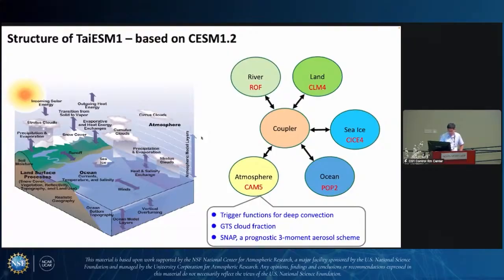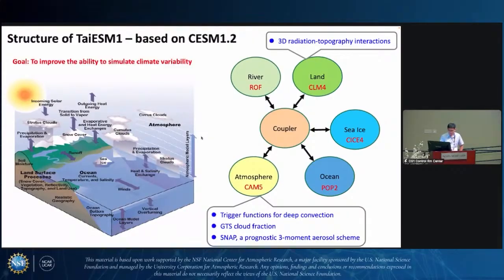And then we change the cloud fraction parameterization. We call it GTS. And then we use a locally developed aerosol scheme, which is a prognostic 3-moment aerosol scheme, considering not only the number but also the mass and the surface area. And also, we modify the land model to consider the three-dimensional interactions between radiation and topography, to consider the effect of shadow and the reflection between topography.